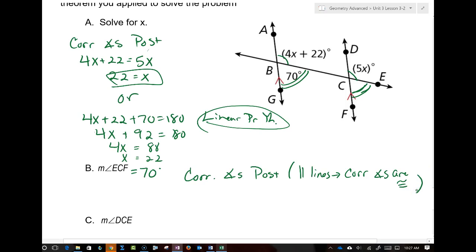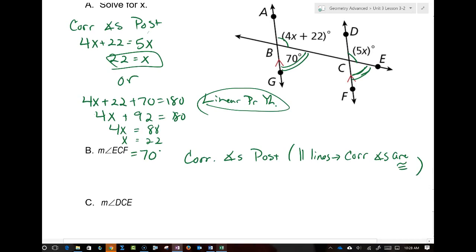All right, next one. The measure of angle DCE. There's a couple different ways you could do this one. Isabel. Could you say you use the substitution property? Would that work? If you showed me this, couldn't you just say that's the substitution property because I already knew what x was up above? Well, what could I use? Could I use another idea?